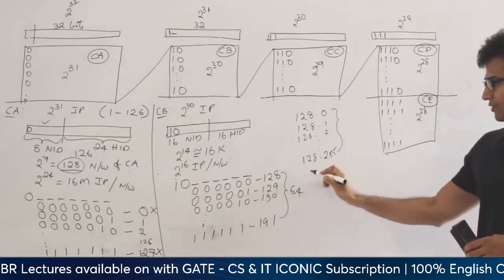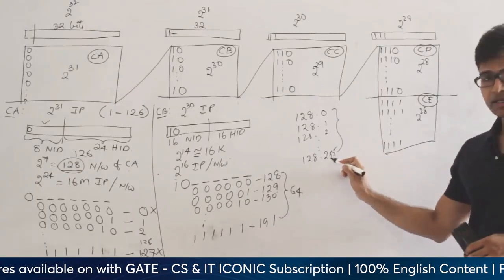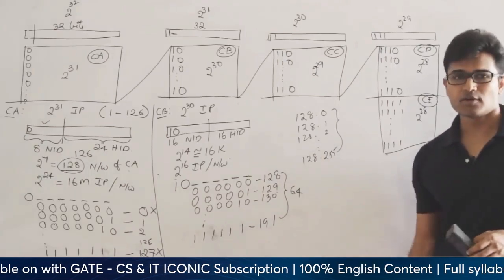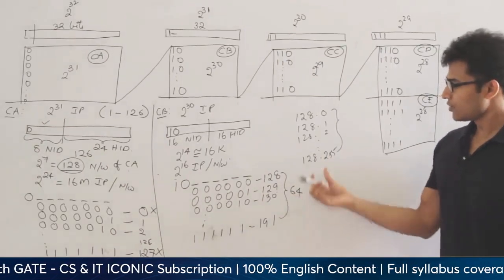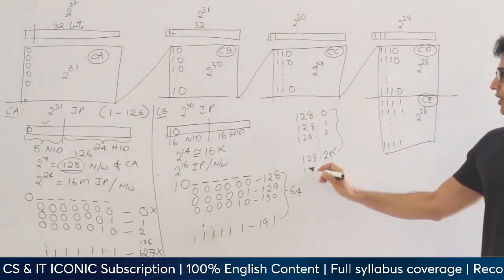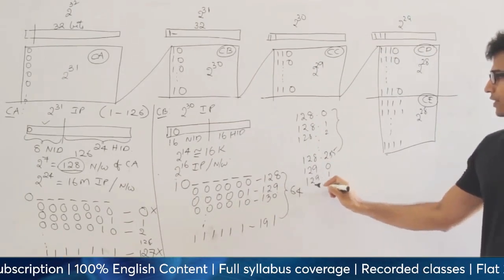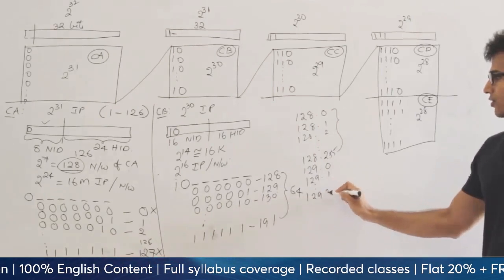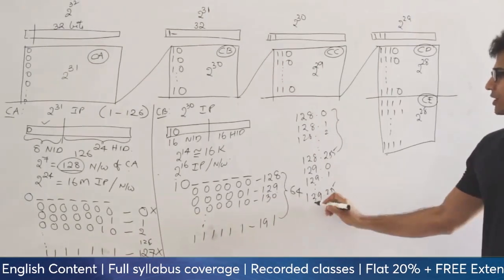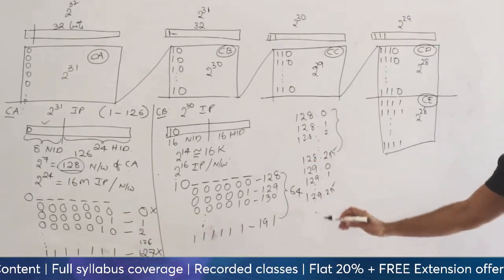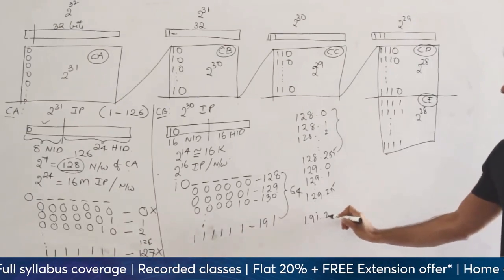We have 64 numbers and every number is capable of generating 256. Therefore the total number of networks is 64 into 256. If you look at the next one, 129.0, 129.1, and so on, up to 129.255. What about the last one? The last one is 191.255.